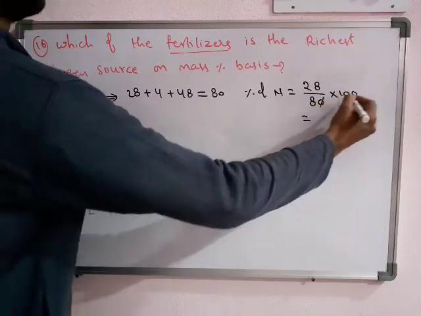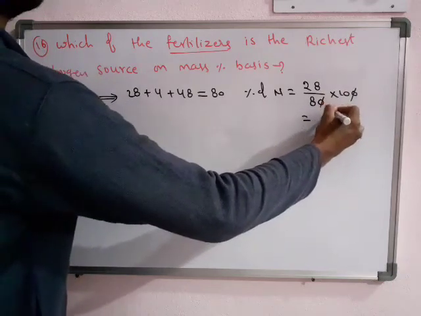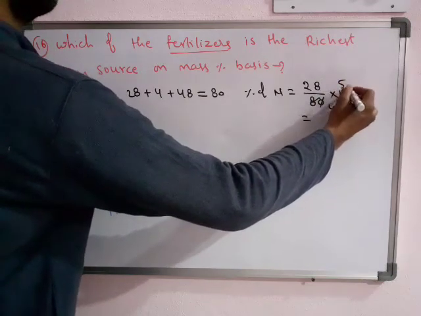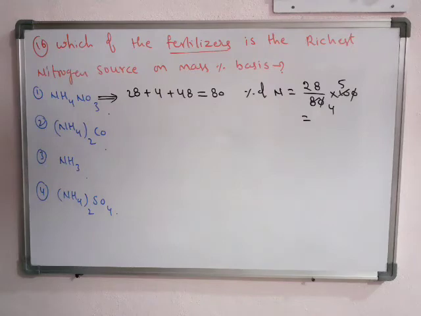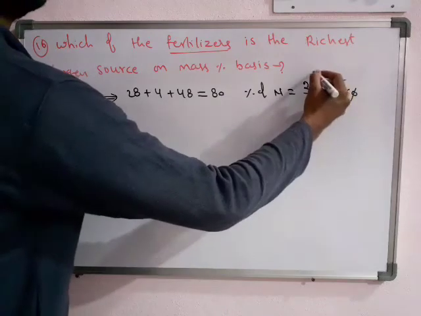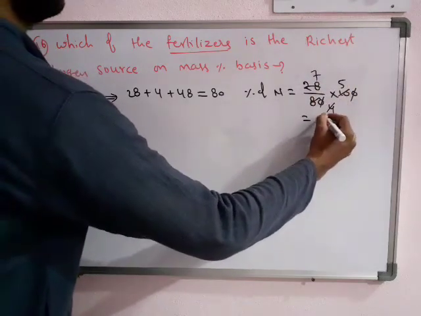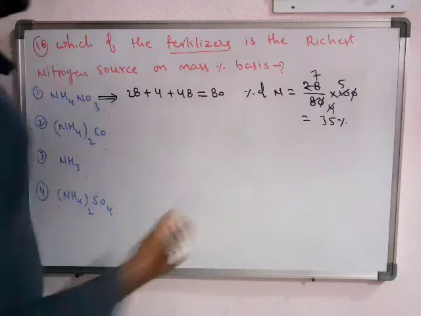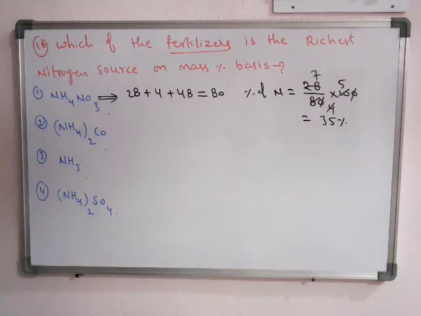So approximately we are getting 35% nitrogen only.